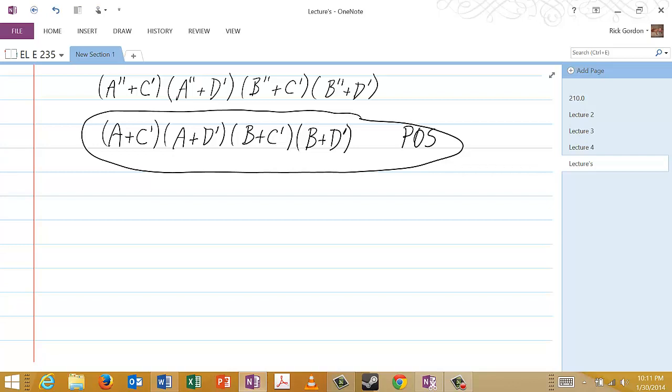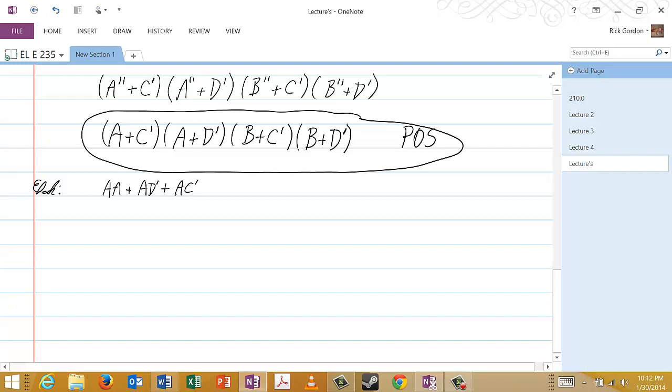Okay, so I hope you had luck with that, and now we'll all do this together. I'll go ahead and AND the first two terms together and the second two terms together, and then AND all of it. So notice that if we AND the first two terms together, we get AA, or AD complement, or AC complement, or C complement D complement.